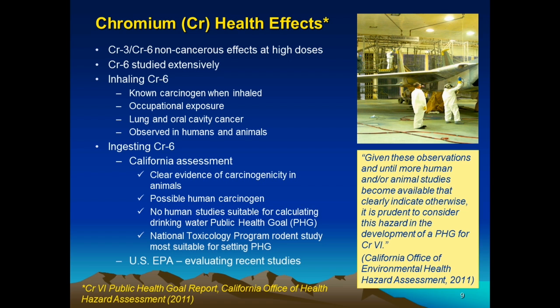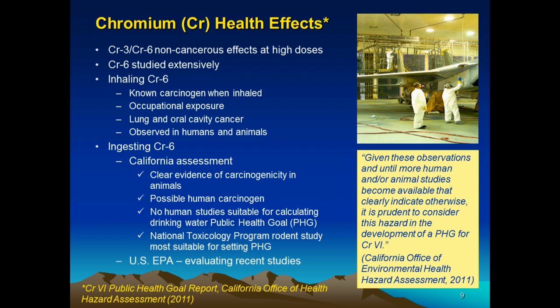What they don't know a lot about is ingesting chromium-6. There have been some studies, inconclusive. There was a Chinese study where they were drinking yellow water, and the author said there was no effect, and then some other folks re-looked at it and thought that there might be an effect, but not a lot of strong data, and certainly not strong enough to calculate that risk level, that public health goal.